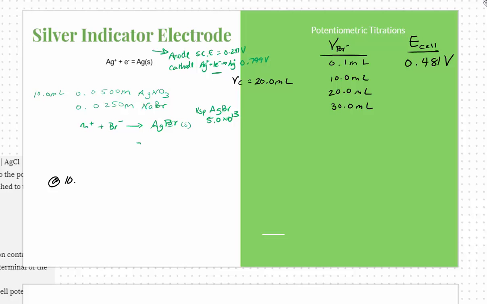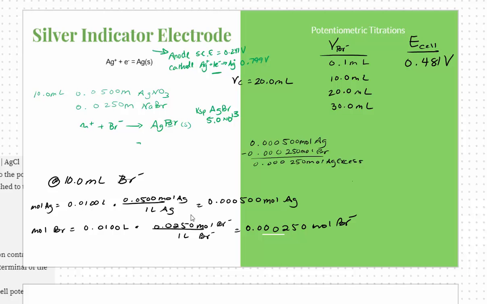So at 10 milliliters of bromide solution, how much excess silver do we have? So here I have determined how many moles of each reactant we will have. We will have 0.0005, or 5 times 10 to the negative 4 moles of silver ion, and we will have 2.5 times 10 to the negative 4 of the bromide ion.